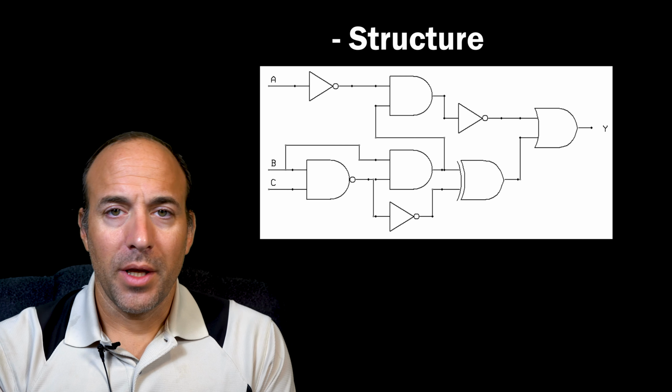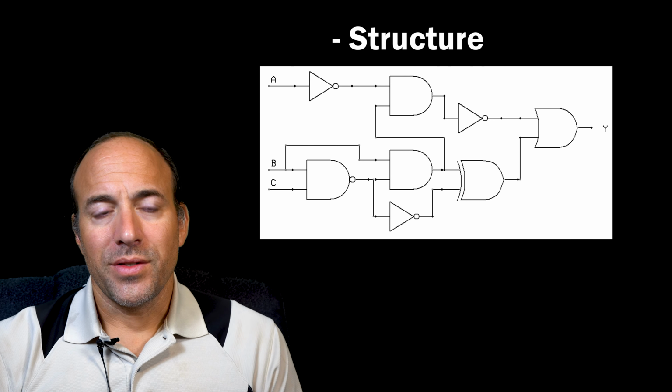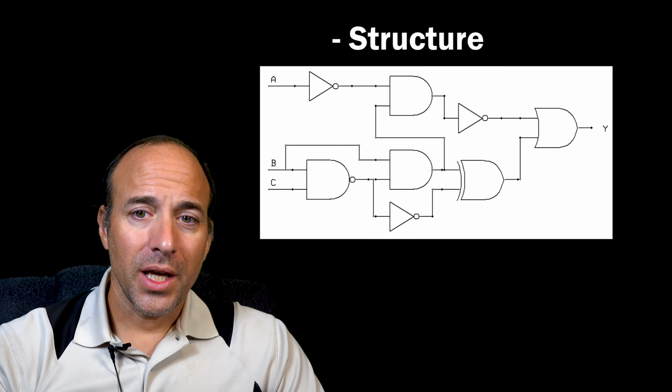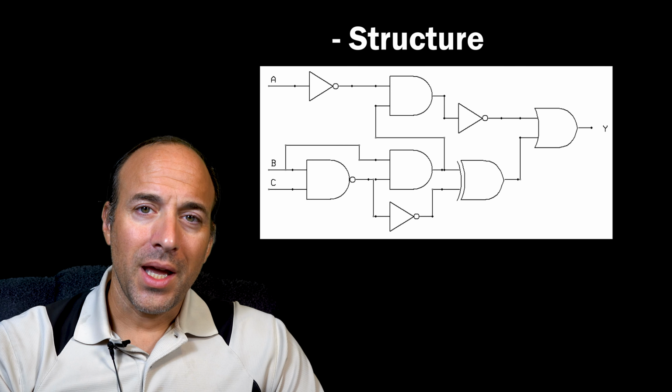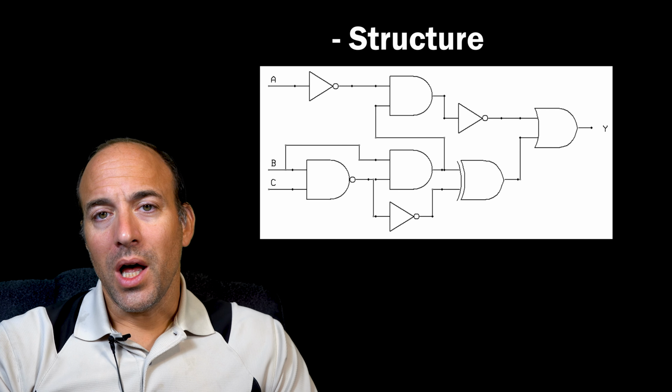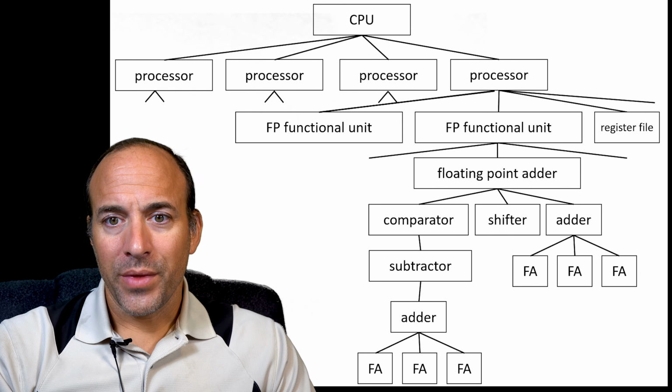The previous lecture described the difference between structure and behavior. That is, structure defines a collection of instantiated logic elements and the way that those instantiated elements are interconnected, and it serves as a level of the design hierarchy.